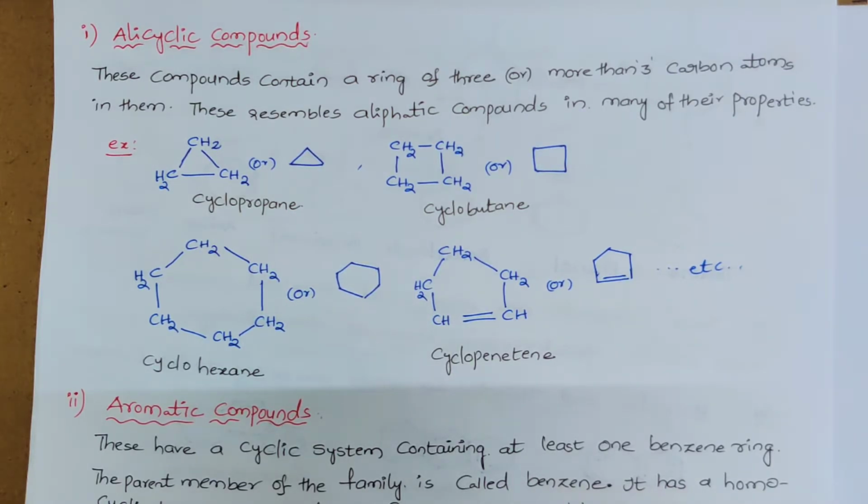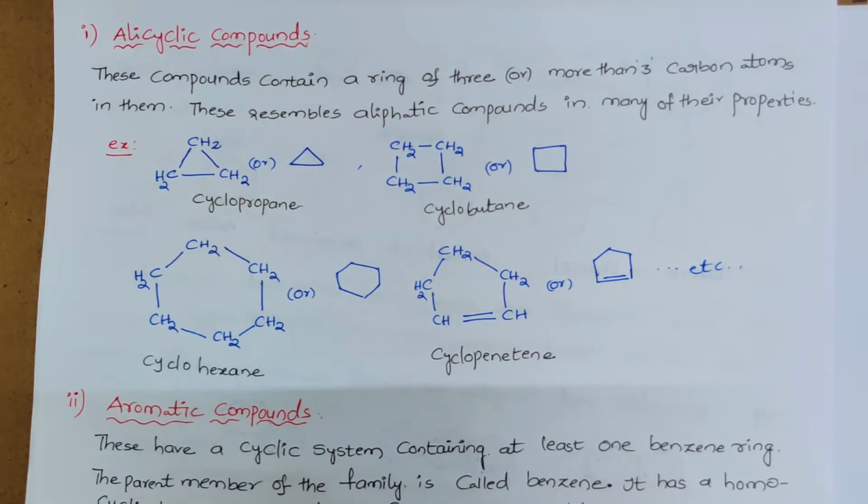Aromatic compounds. These are also cyclic compounds, but these possess an aromatic character. Generally, at your 12th standard level, what we feel is that aromatic means it must contain the benzene ring. In some molecules, even without the benzene ring, they show the aromatic character. What do you mean by aromatic character? That you will learn in your next semester while studying the aromatic hydrocarbons.